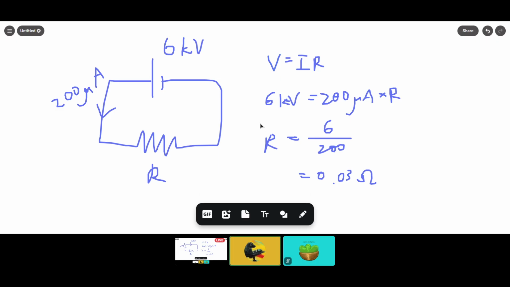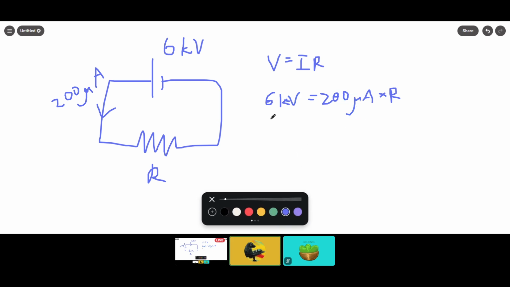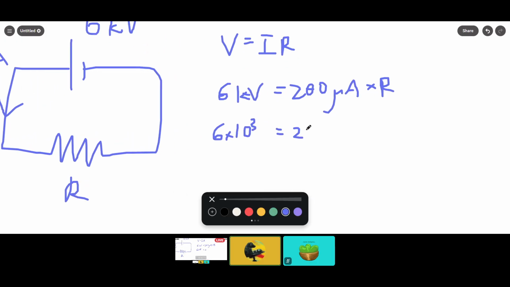This approach is wrong because the kilo prefix and the micro prefix actually change the magnitude of the number itself. So once you see in your calculation that there is a prefix like kilo or micro, convert it back into the times 10 form. So 6 kilovolts would actually be 6 times 10 to the power of 3, and 200 micro would actually be 200 times 10 to the power of negative 6.